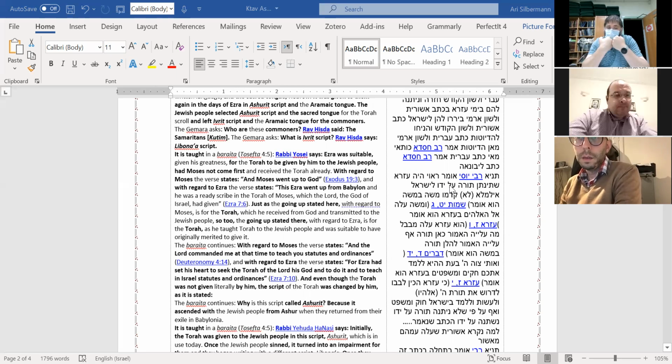That Moshe could have given the Torah, but Ezra could have been the one to give the Torah. That perhaps this change is particularly important. And that's why, we'll see, the Gemara is going to carry on and say that he was zocheh to change the Torah to Ashuri script, because it could have been given through him, but it was given by Moshe.